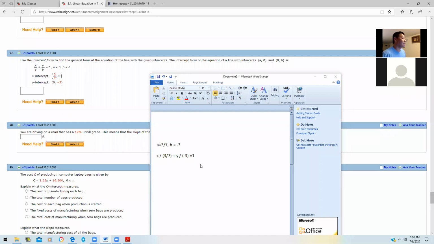So what we're gonna do next is simplify this. When you have a fraction like this, again, I'm doing your homework here. This is question 27 on 2.1. Because a is 3/7, I put 3/7 over here, and -3 over there.